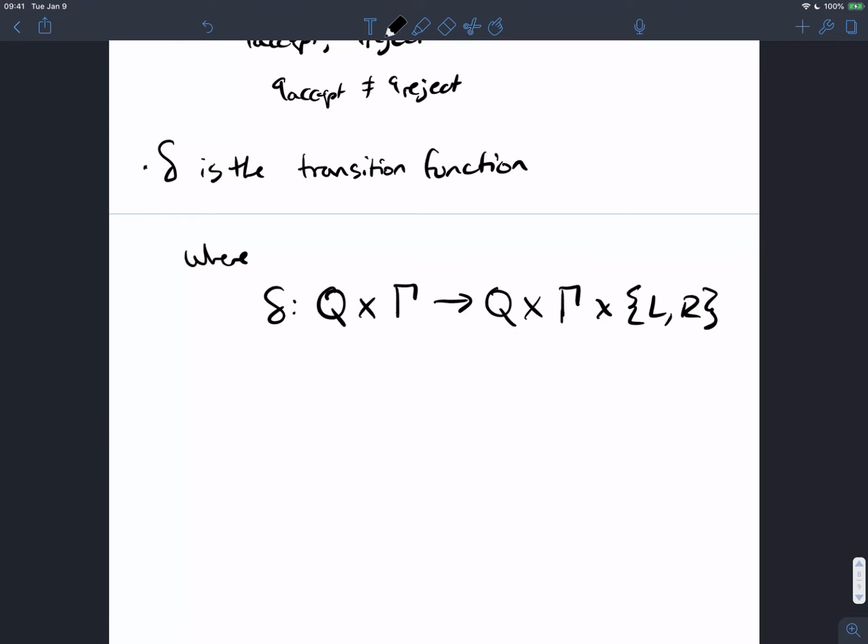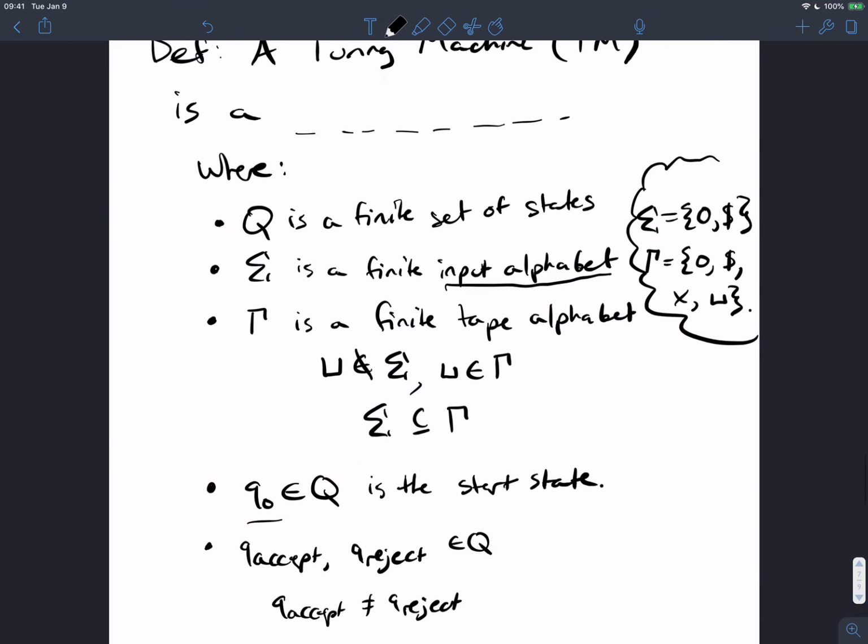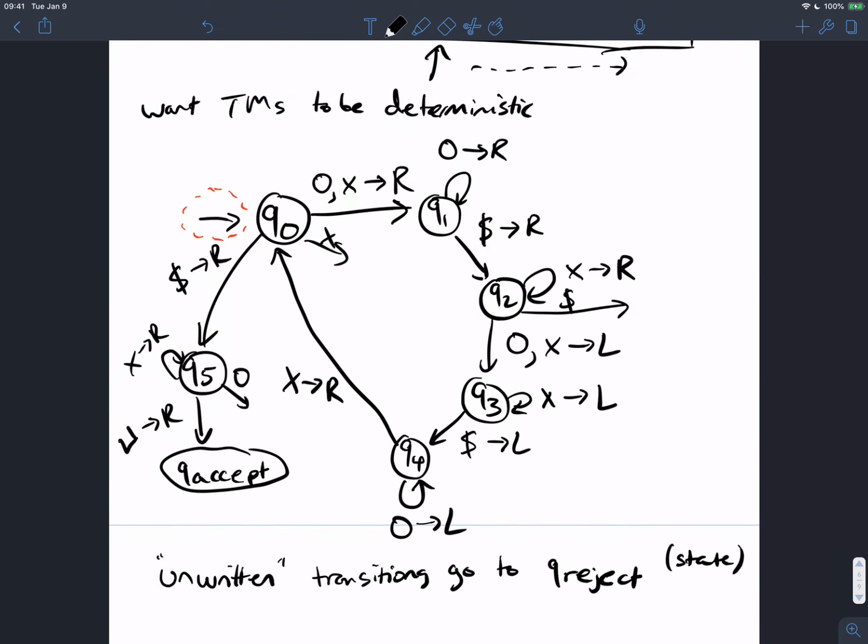What else do we insist about this transition function? Not what's in the definition, but what else do we insist? Can I have, say, go back to our example, Q0 with seeing an X not defined to go to some state? Could I have that? No, I want these machines to be, the magic word, deterministic.